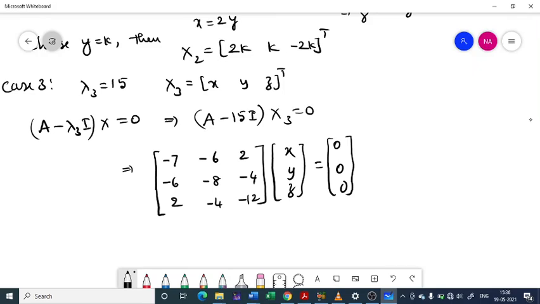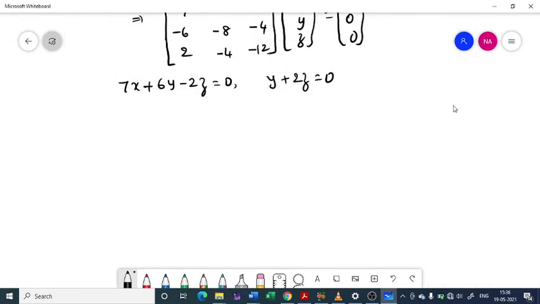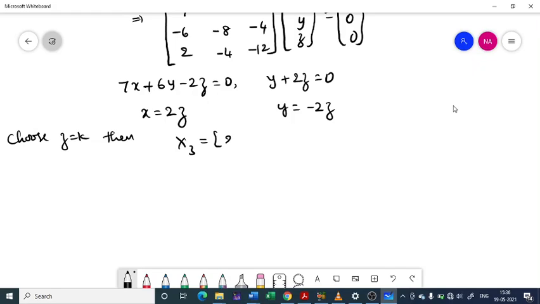Again, this needs some simplification. Finally, we will be arriving at 7x plus 6y minus 2z equal to 0 and y plus 2z equal to 0. Then you can check that y will be equal to minus 2z and x will be equal to 2z. Choose z equal to k, then X3 will be 2k, minus 2k, k transpose. So that completes the solution.